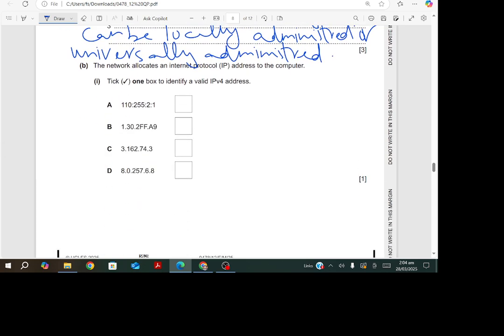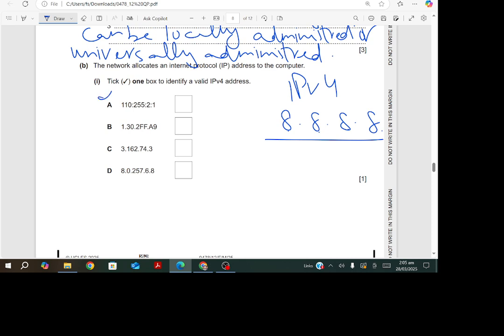Okay. The network allocates an IP address to the computer. Tick one box to identify a valid IPv4 address. Which one is a valid IPv4 address? You know that an IPv4 address should be a group of 8 bits, total 4 groups of 8, which is equivalent to 32, and also separated by period.